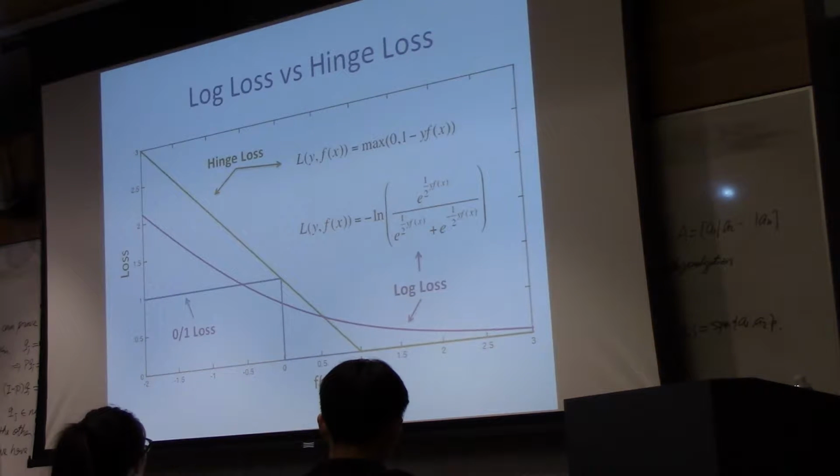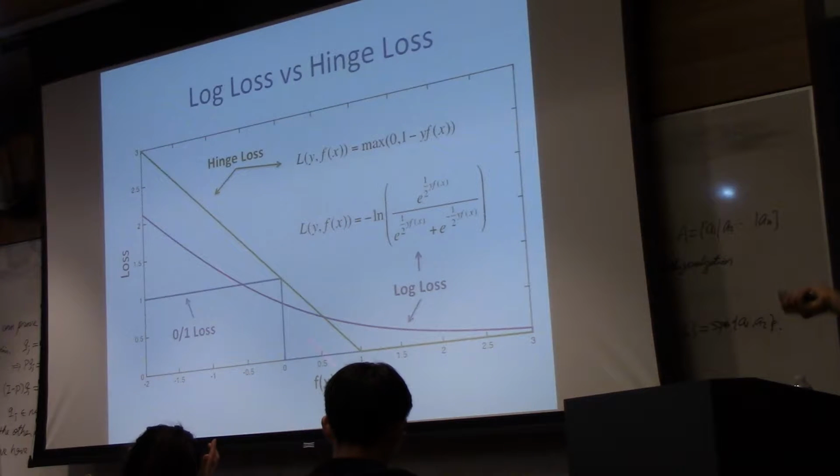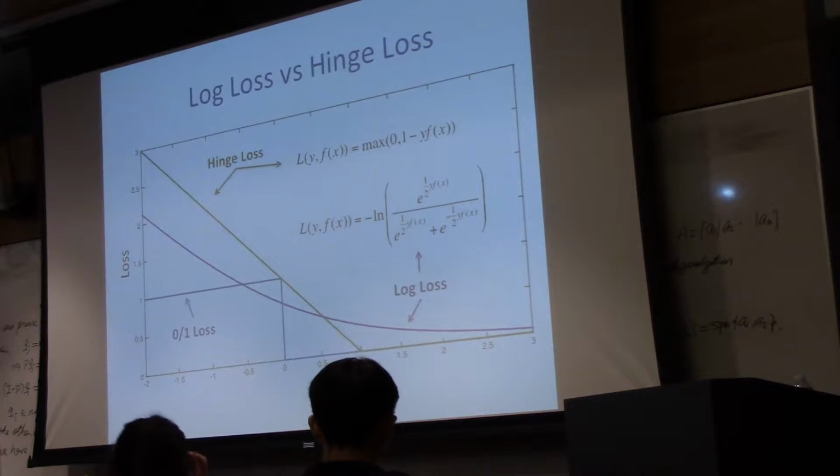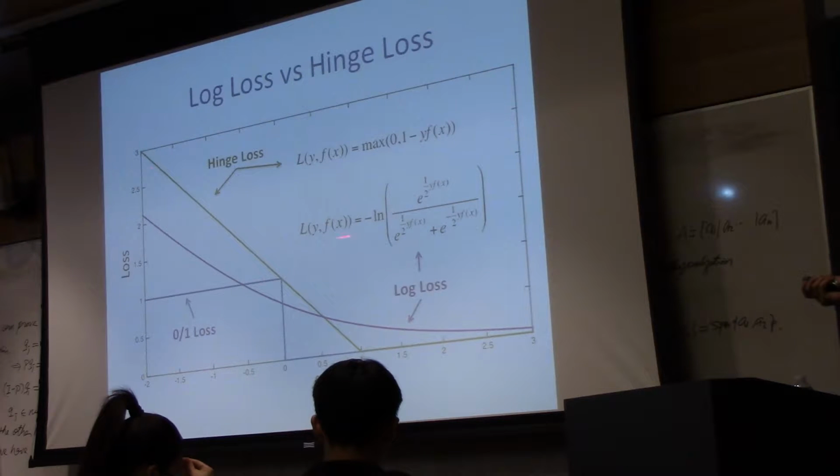Okay, so now let's compare log loss versus hinge loss, which is what the SVM is optimizing for. I plotted the log loss, which is this guy, where the target y is +1, and here's the hinge loss, and then here's the 0-1 loss. One thing that should stand out is that log loss is smooth, so it's completely differentiable everywhere, and what the hinge loss really pays attention to is right here.